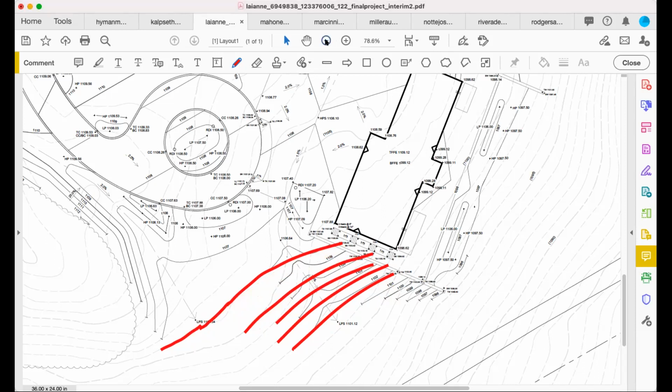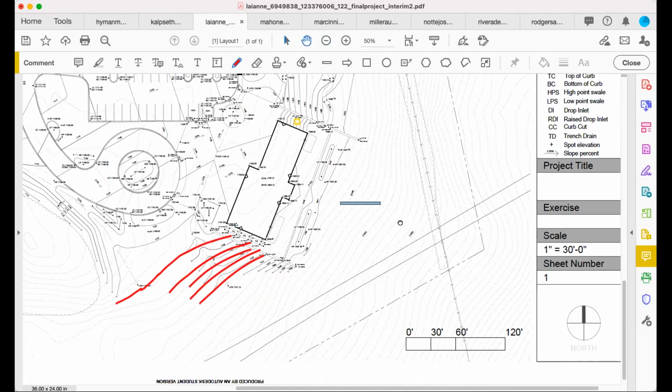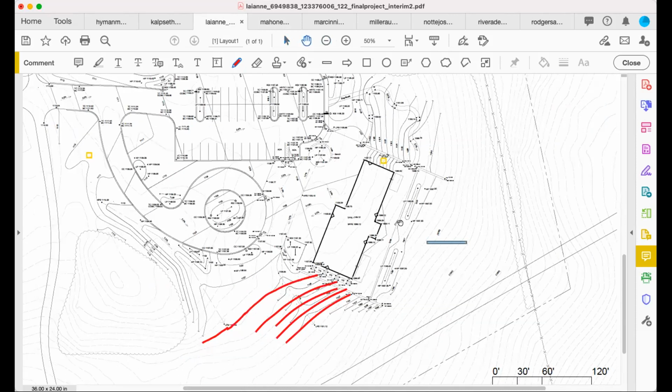Zoom out one more time. I wouldn't create something like this here. I would try to aim for... you probably have enough space over here.